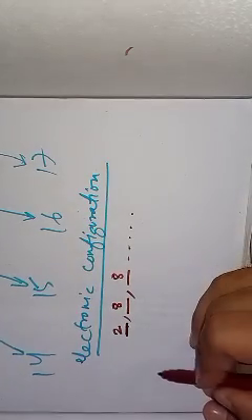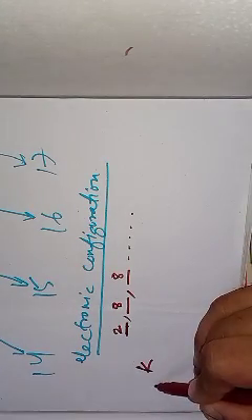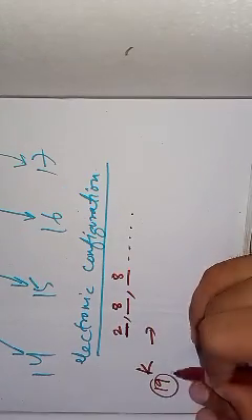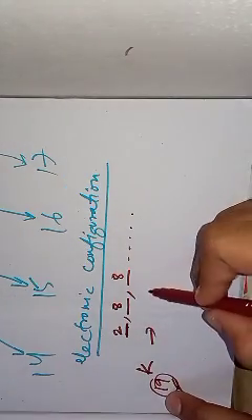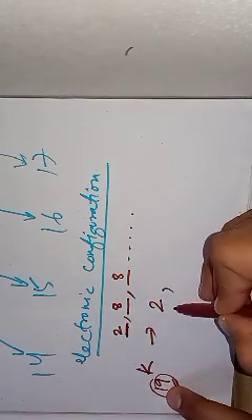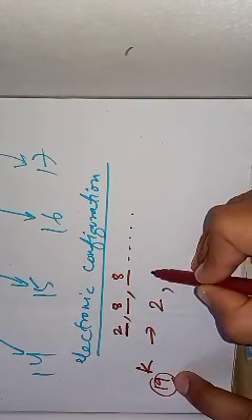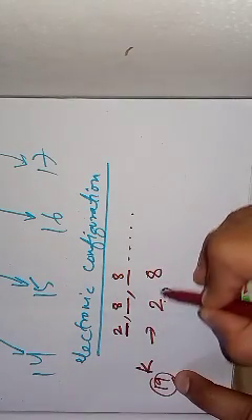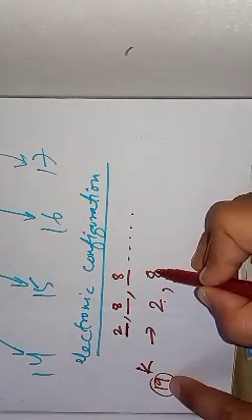So if you take an example of potassium, the atomic number is 19. So how am I going to fill up the spaces using the atomic number? It has 19, so I take 2 electrons, which go to the first shell. How much left? 17. Now I will take 8 electrons to the second shell, so 2 plus 8, 10. How much left? 9.